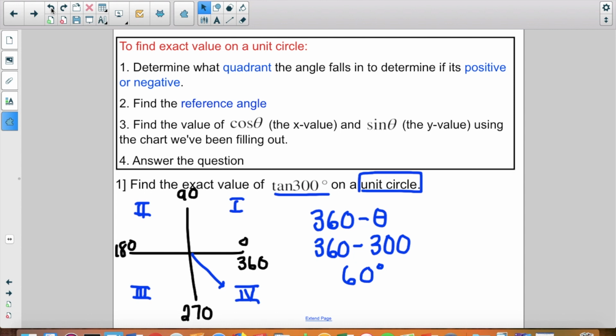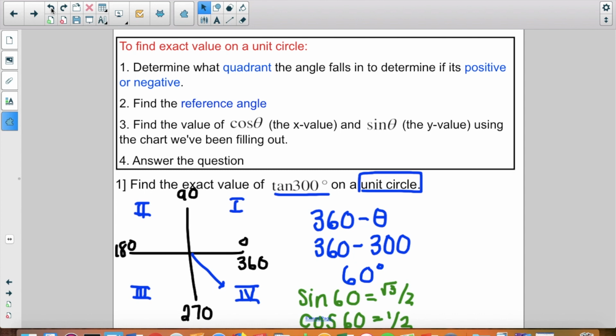Next we should find the sine of 60 and the cosine of 60. This will tell us our y and our x coordinate. Again, you're going to refer to the table in the beginning. The sine of 60 is equal to radical 3 over 2. The cosine of 60 is equal to 1 over 2.